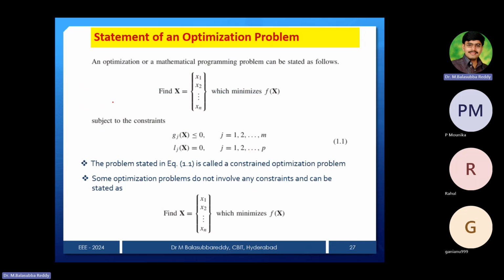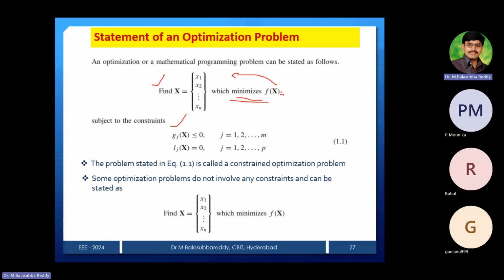Now I will still cover some more after this problem formulation. And this is the statement of an optimization problem. In an optimization problem, there is always a function and then constraints. So this f of x is our objective function. In that, x may consist of different variables.